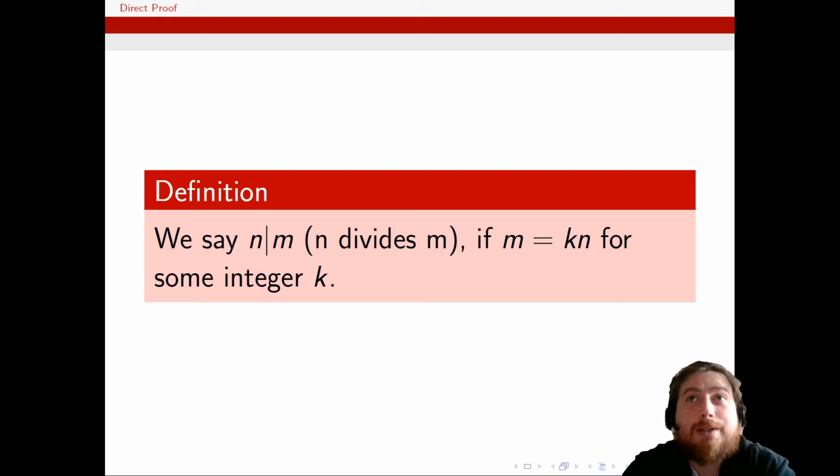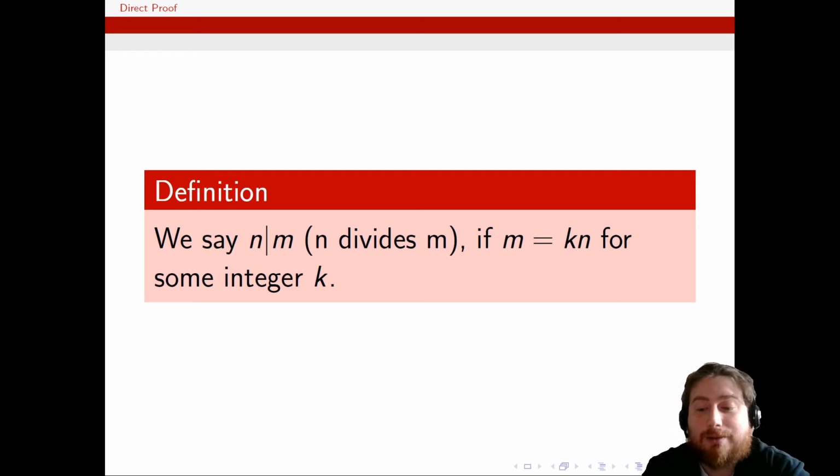But if we say find 4 divided by 0, we don't have an answer. But we can say 4 divides 0 or 0 divides 4, and we can determine the truth values of those different statements. So as opposed to using division, we're going to use this definition to work with divides.